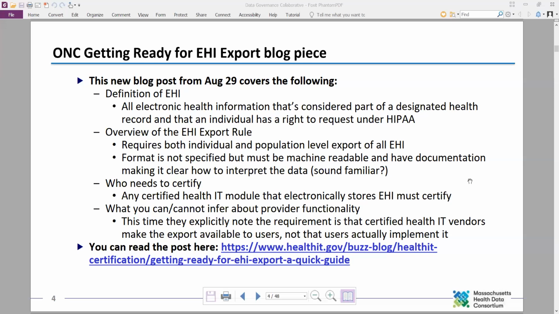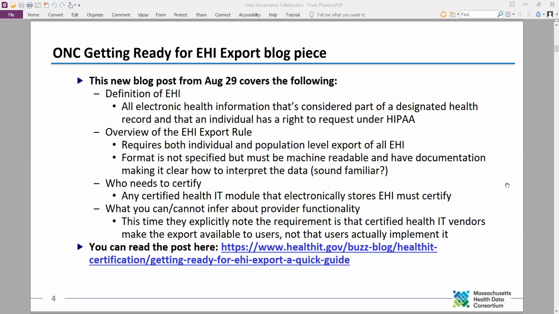Good question. That term, let me just chime in, Jess. That term is so vague, machine readable, because it doesn't mean it's translatable to anything. I mean, just about anything is machine readable, but it certainly creates extra work for the people who want to look at more than one file, because you can't automate a process that works for all of your EHI exports.